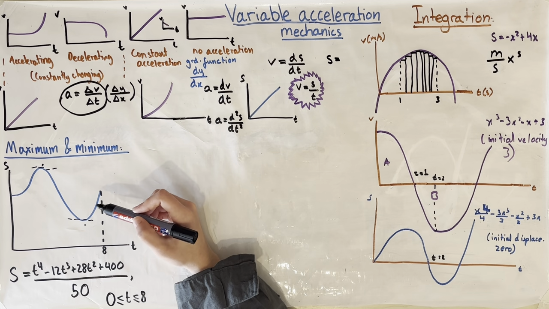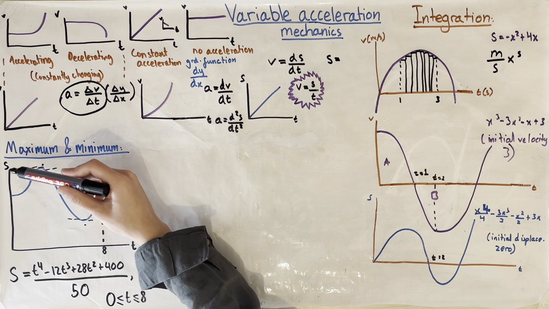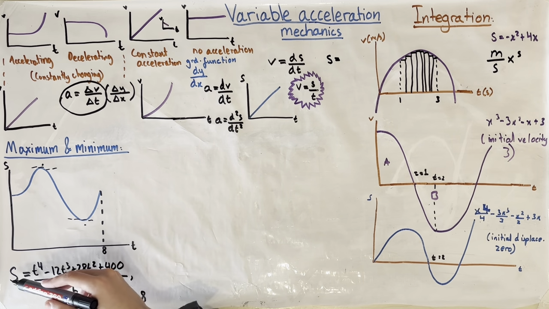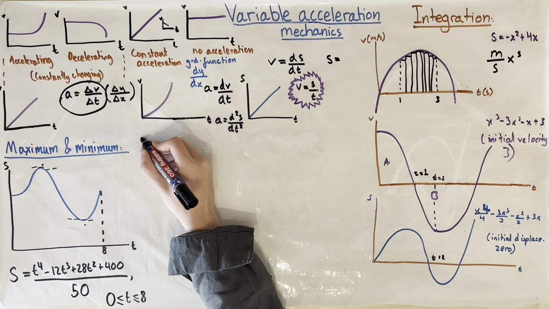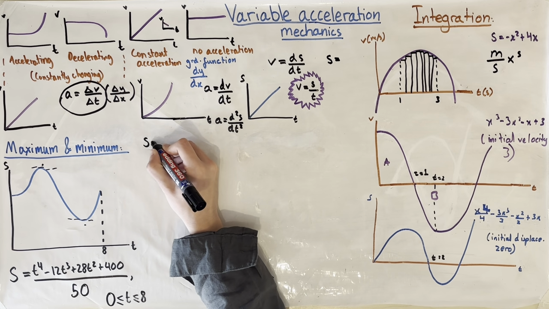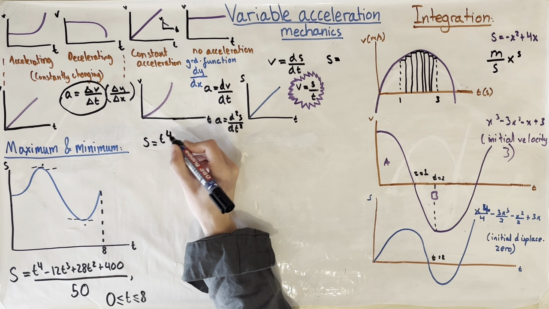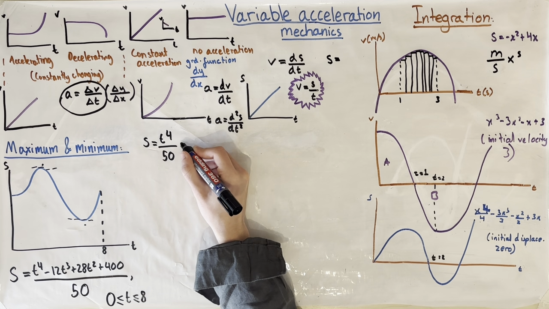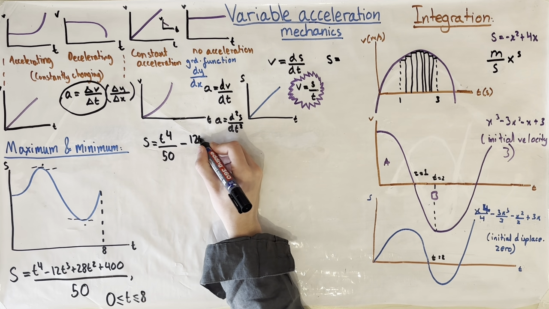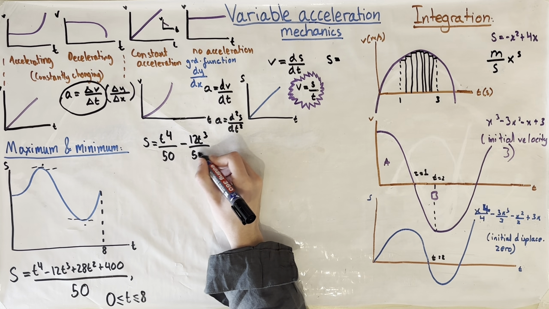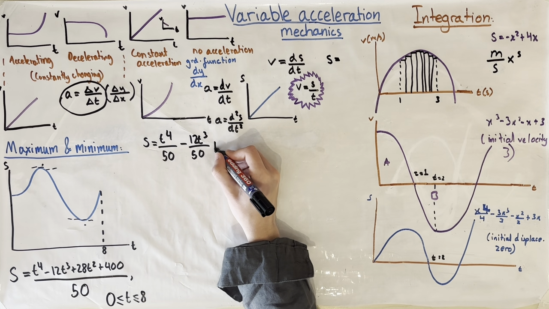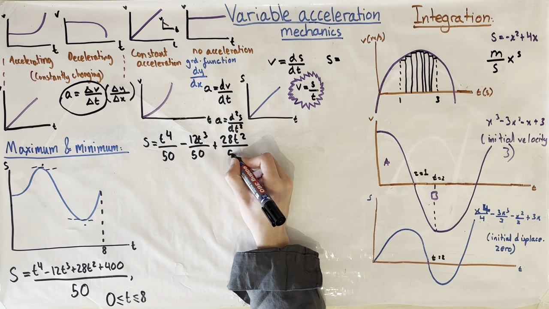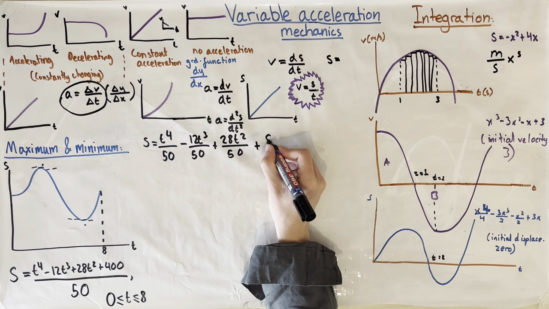Okay, now we notice that when we have a displacement time graph, if we have an equation like this, we can rewrite it as displacement equals t to the power of 4 over 50 minus 12t cubed over 50 plus 28t squared over 50 plus 8.